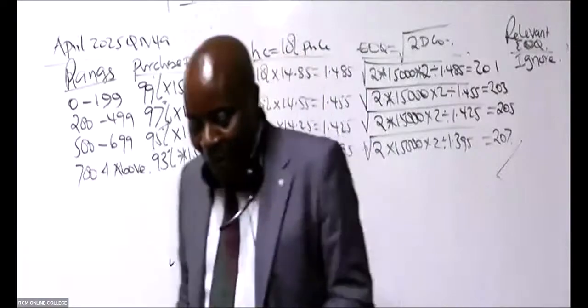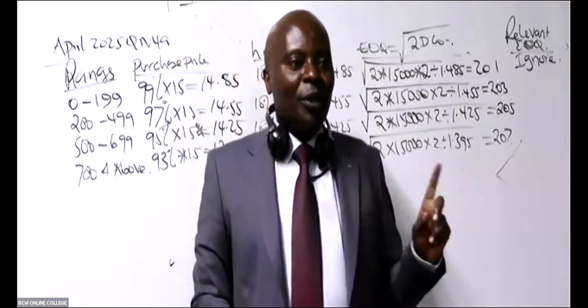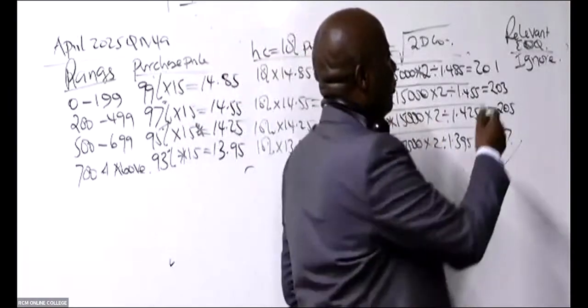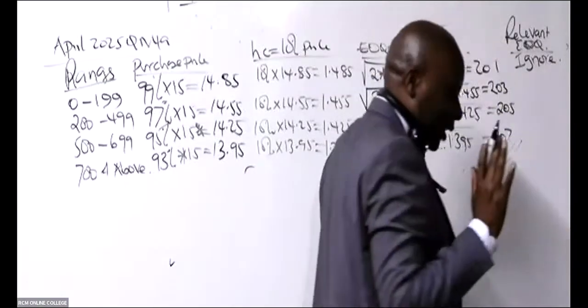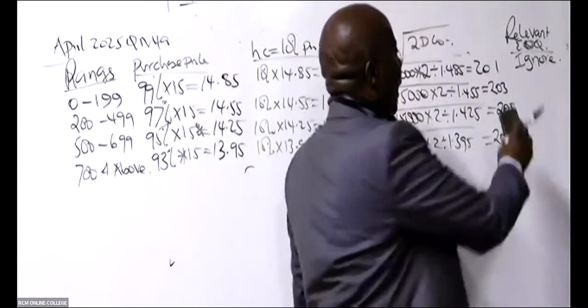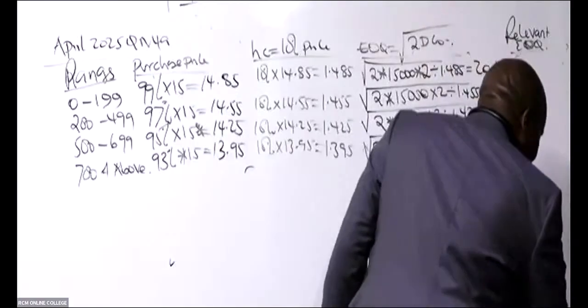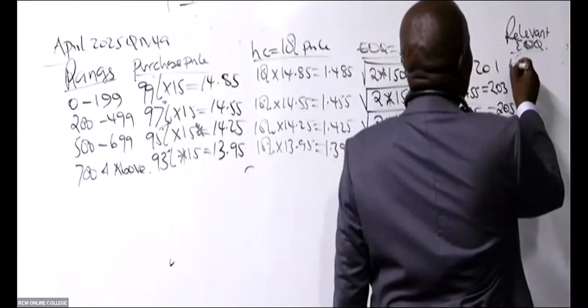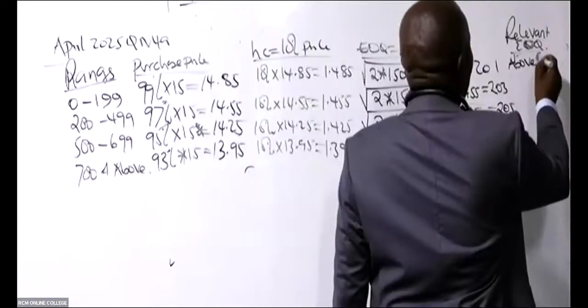Ignore. So this is above. Actually, you can even write there above. Actually, that's what we should have done. For revision, 201 is above. So ignore.